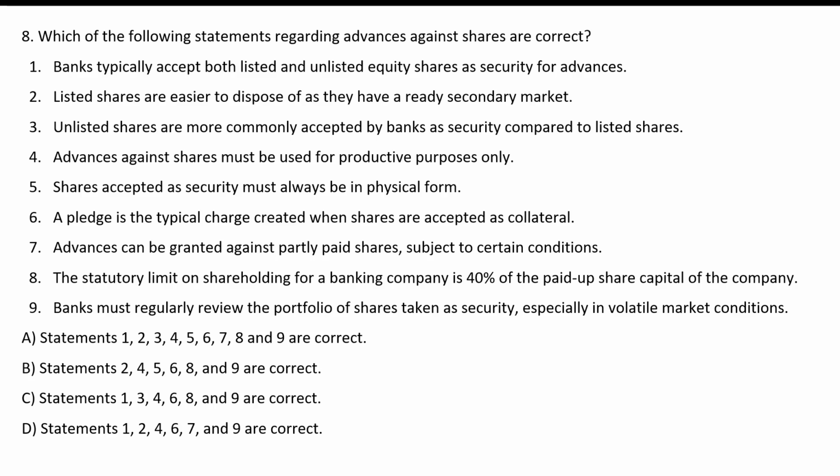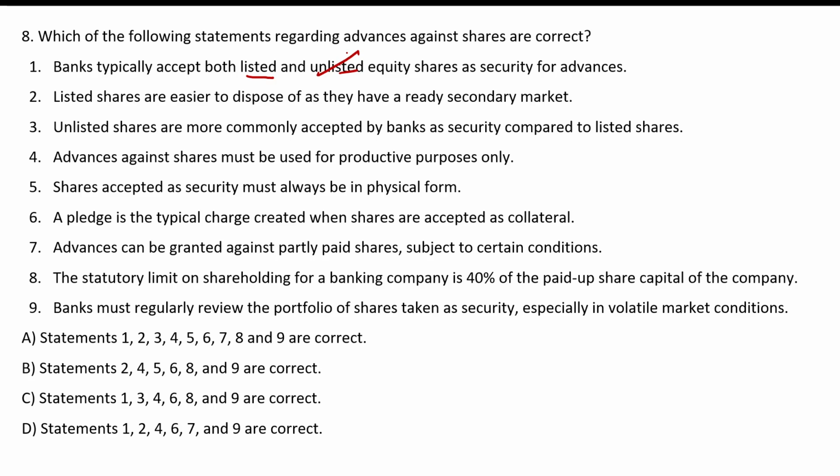Which of the following statements regarding advances against shares are correct? Banks typically accept both listed and unlisted equity shares as security for advances. So banks can accept both, but for unlisted shares, banks can accept only in specific cases. So stating that banks can accept both listed and unlisted, this is correct.